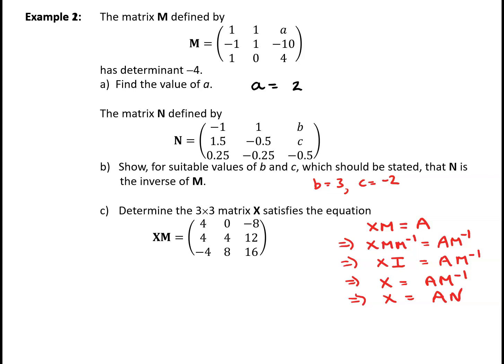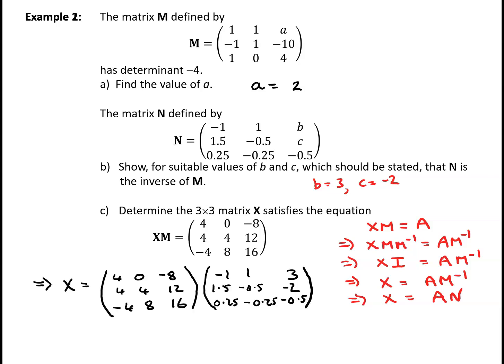So I know the solution of this equation is given by X equals A, that was the matrix 4, 0, minus 8, 4, 4, 12, minus 4, 8, 16, times the matrix N, which is minus 1, 1, 3, 1.5, minus 0.5, minus 2, 0.25, minus 0.25, minus 0.5.